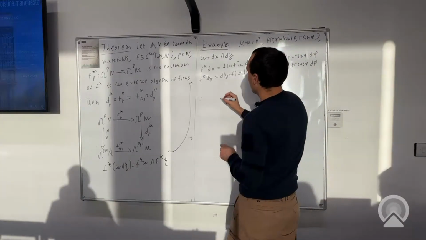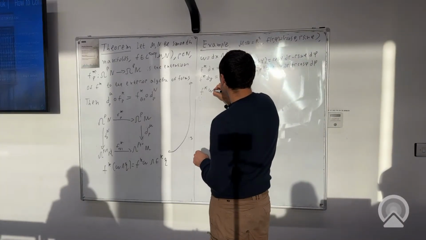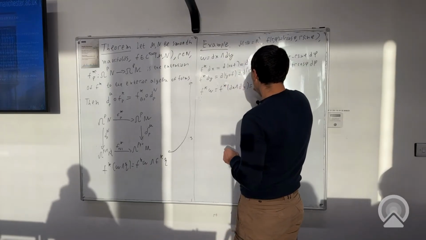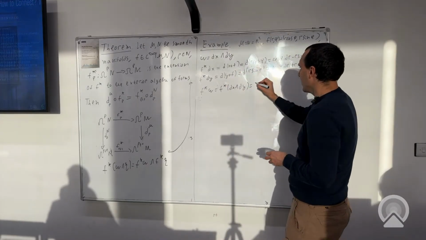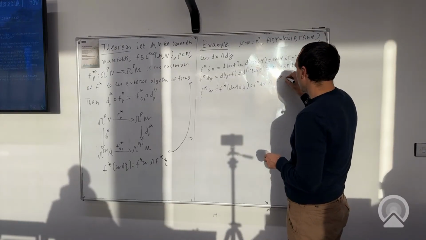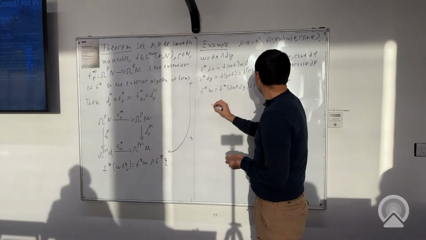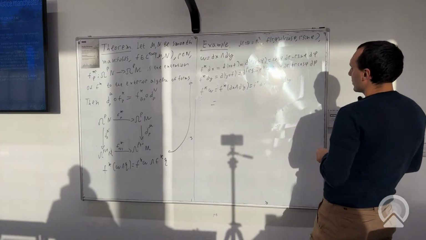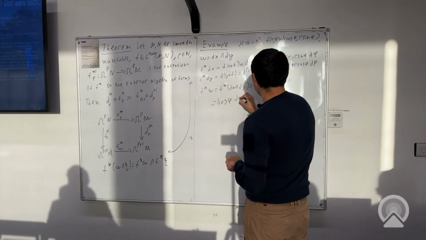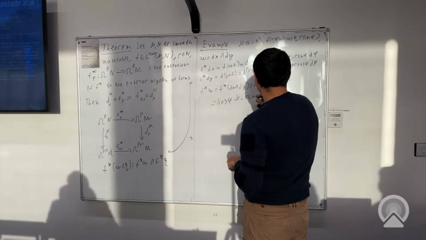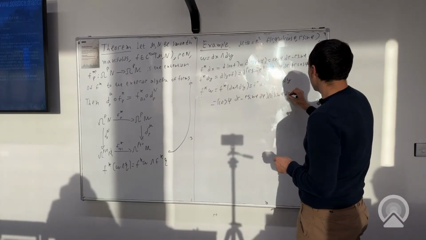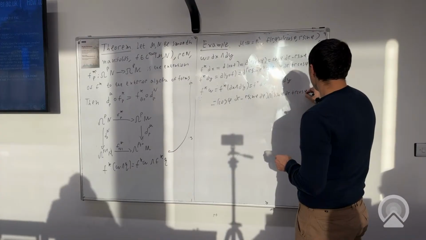And f star of omega is f star dx wedge f star dy, which is cosine phi dr minus r sine phi d phi, wedge sine phi dr plus r cosine phi d phi.